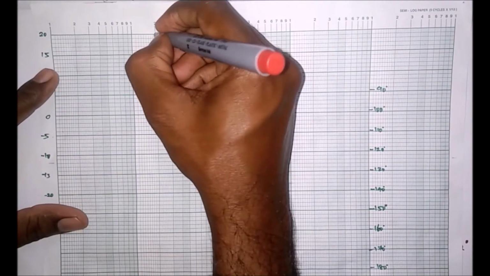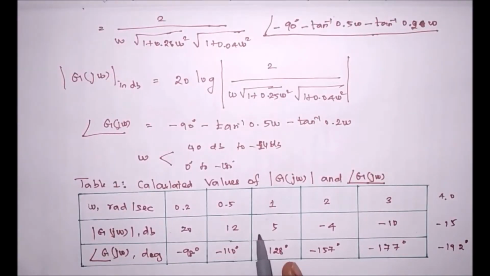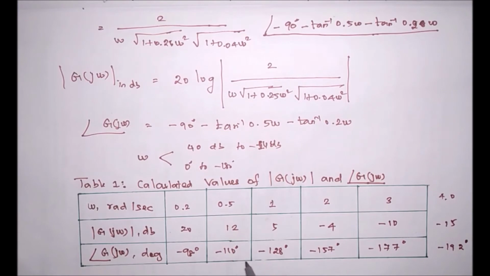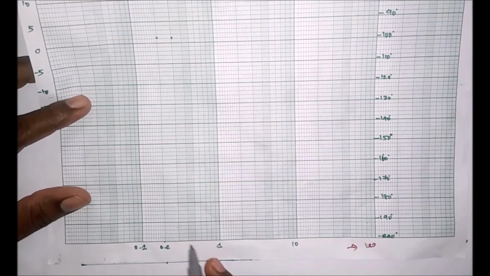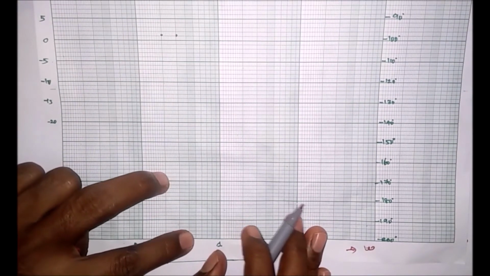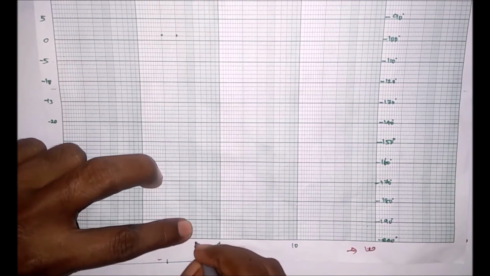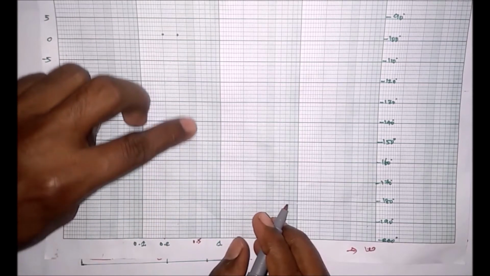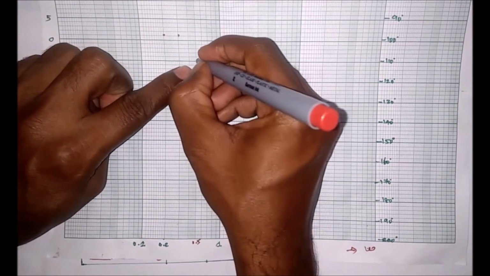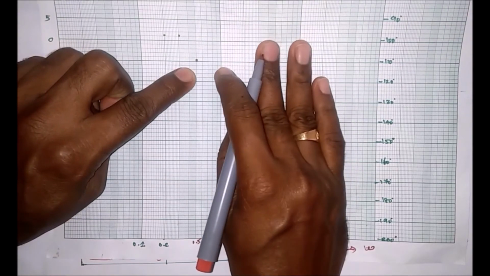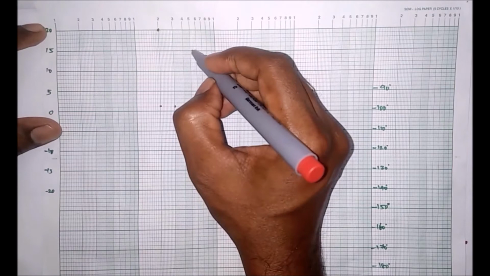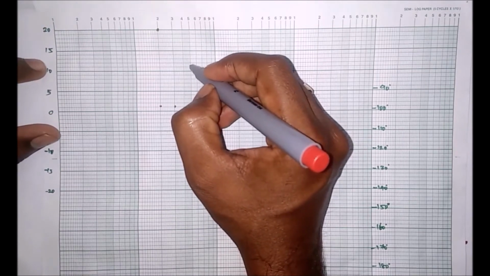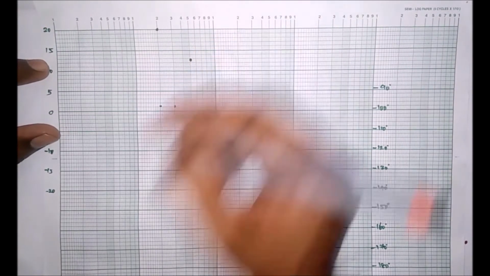The next point is omega equal to 0.5, magnitude 12, angle minus 110. Omega is 0.2, 0.3, 0.4, 0.5, so this is 0.5. The corresponding phase angle is minus 110. Then magnitude equal to 12: this is 15, this is 20, so 12 means this is 10, and this point will be the 12.